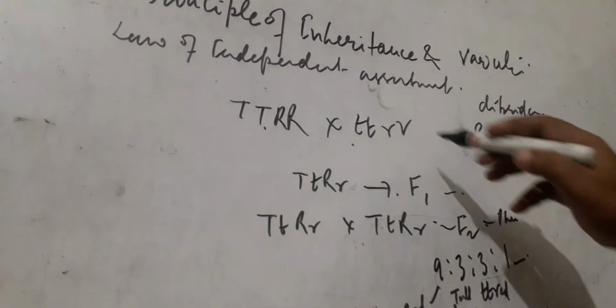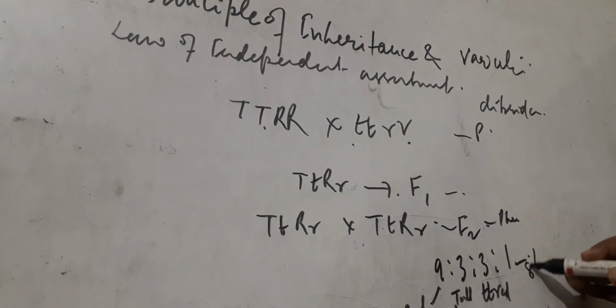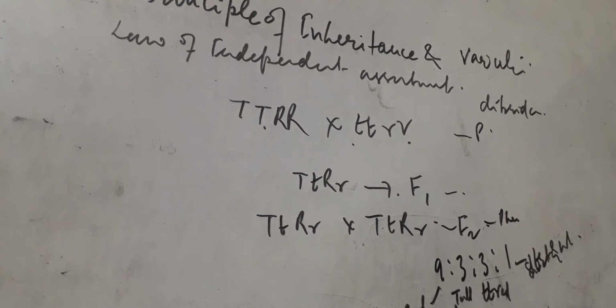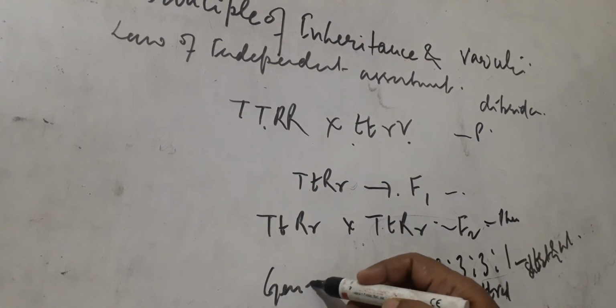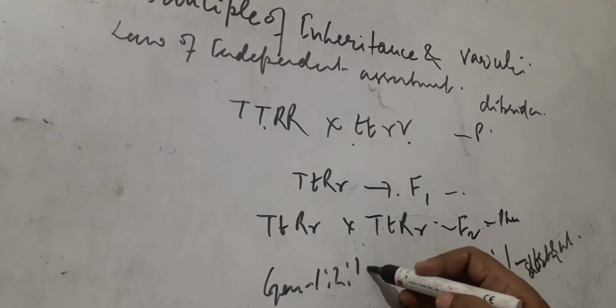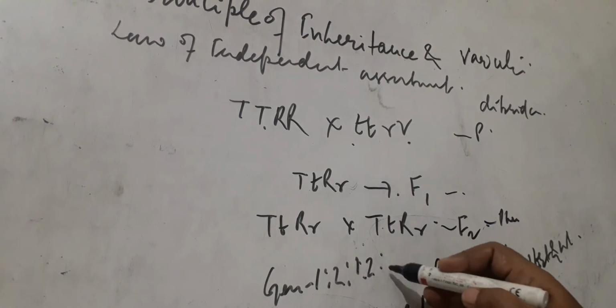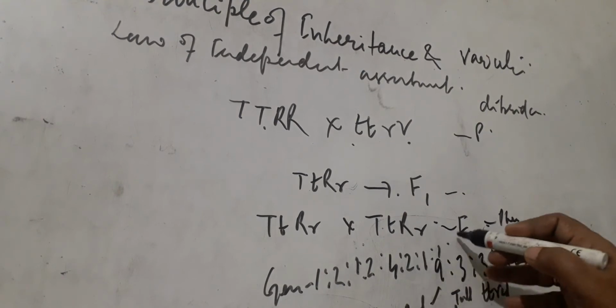Only one is of recessive character, that is short and white. So that is the phenotype. And genotype is 1 is to 2 is to 1 is to 2 is to 4 is to 2 is to 1 is to 2 is to 1, because genes are separate.